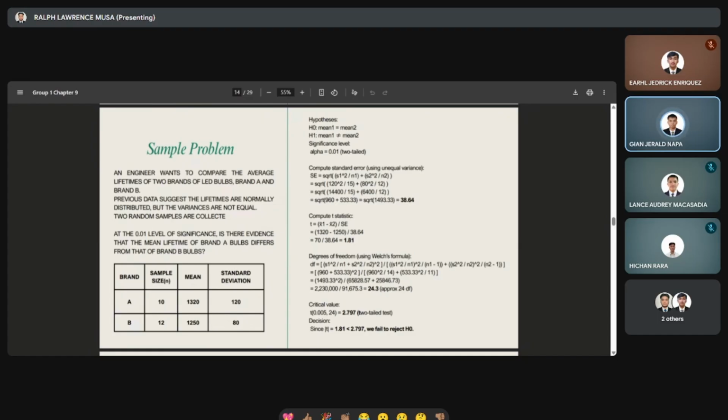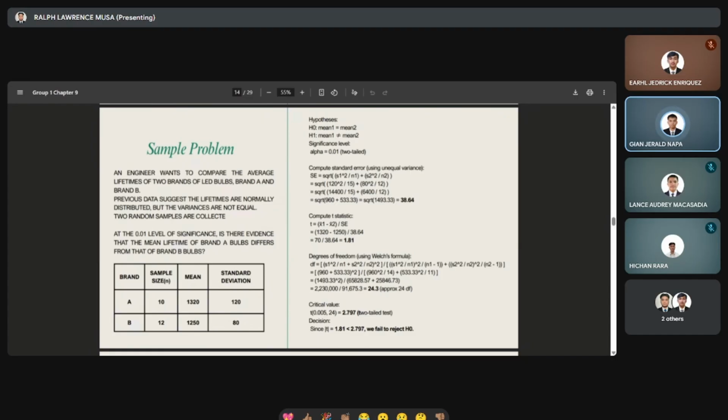So let's plug in the values. We have 960 plus 533.33 squared divided by the quantity 960 squared over 14 plus the quantity 533.33 squared over 11. After that, we end up with a DF of 24.3 or approximately 24. So now we have our DF.